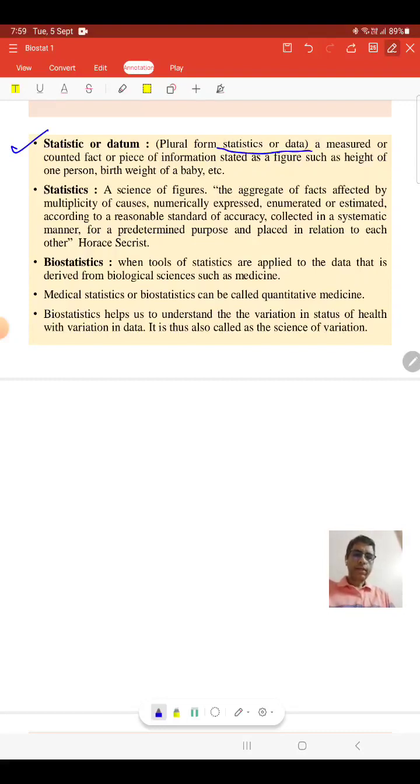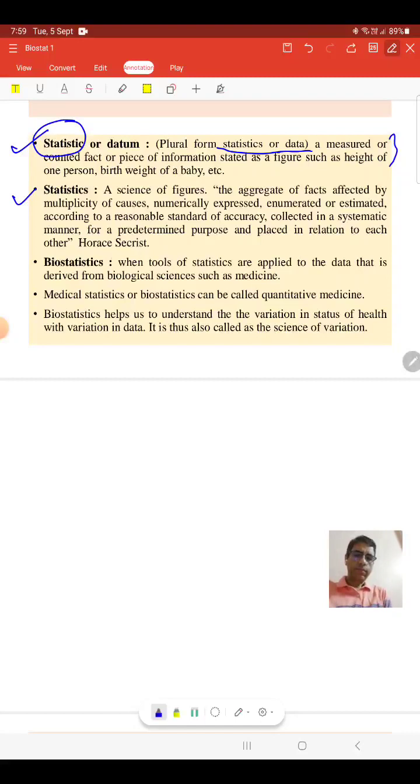It is a measurable or counted fact or piece of information stated as a figure, such as height of a person, birth weight of a baby, etc. So a full or partial information presented in the form of a figure is a statistic or data. What is statistics? Though it is a plural form of statistic, we consider it as a subject. So statistics is a science of figures.